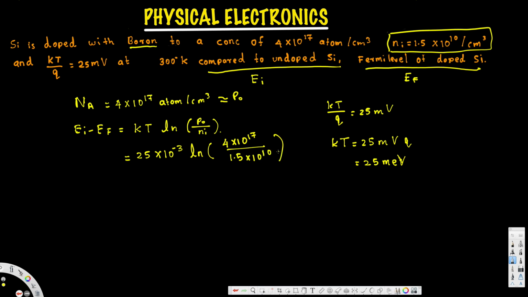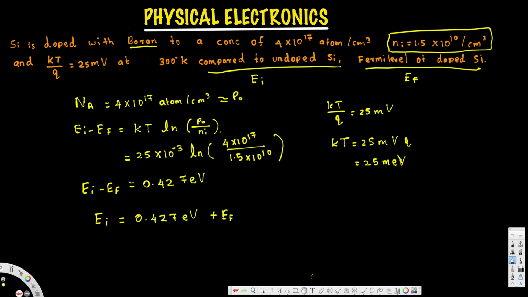Now we have all the values, and we just have to calculate this one. If you calculate this, you are going to get 0.427 electron volts. So this is Ei minus EF. And if I express the intrinsic energy level with respect to EF, we are going to have Ei equals 0.427 electron volts plus EF.